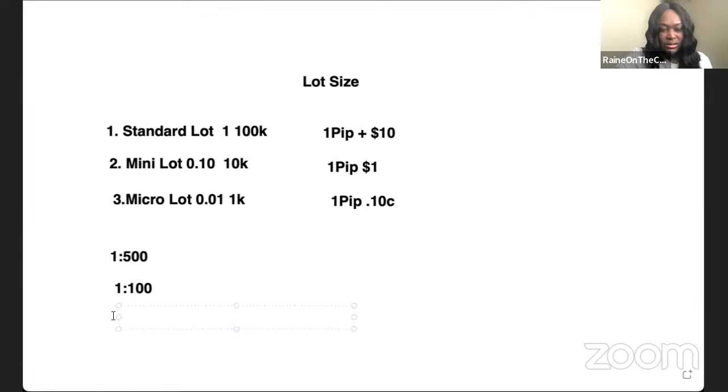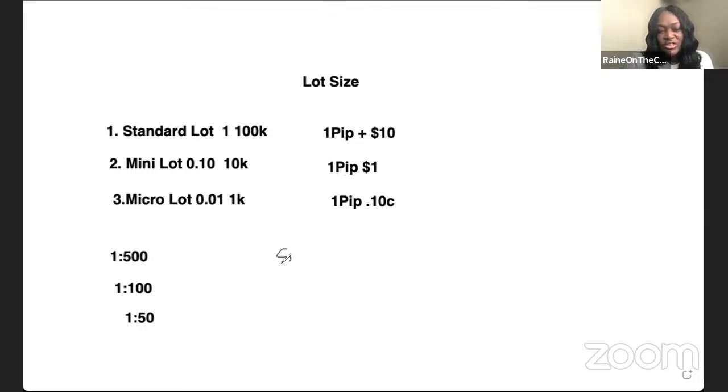All right. 1 to 50, right? So when you look at the leverage, and then you want to say, okay, how does one thing affect the other, right? So say you have $100. Can I just draw? I'm just going to draw.